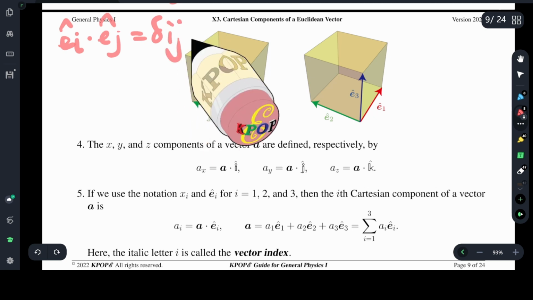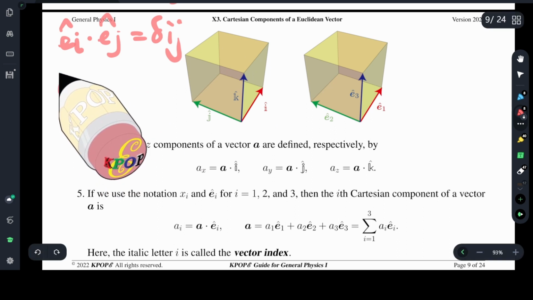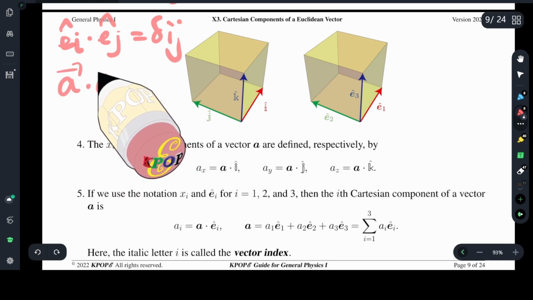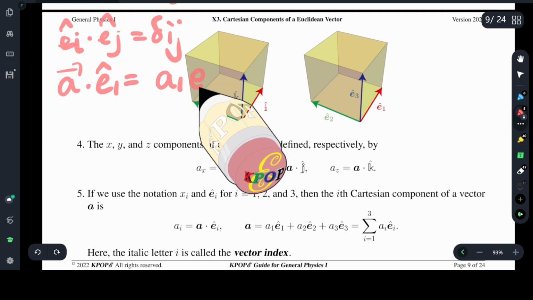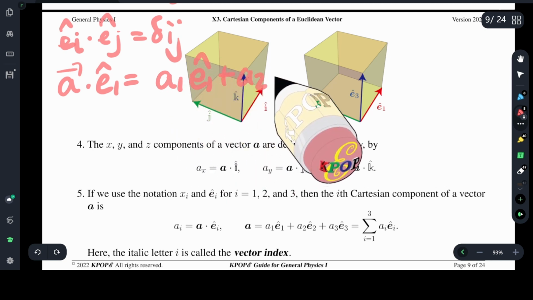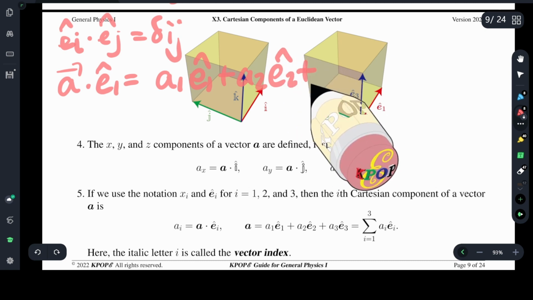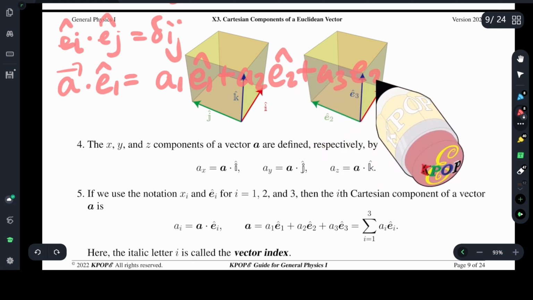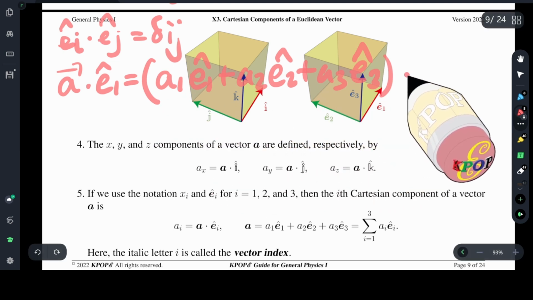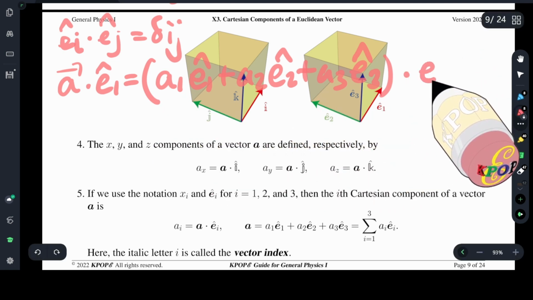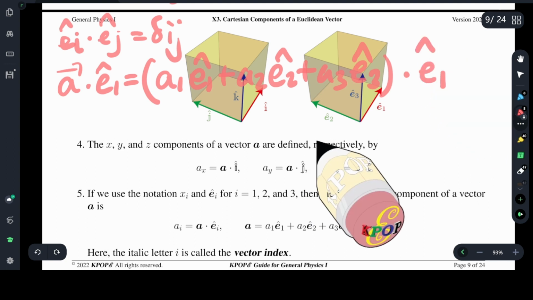This is 1 for i equals j, and this is 0 for i not equal to j. What is A dot E1 hat? It should be A1 E1 hat plus A2 E2 hat plus A3 E3 hat, so this should be expanded in this way. I take the scalar product with E1 hat.